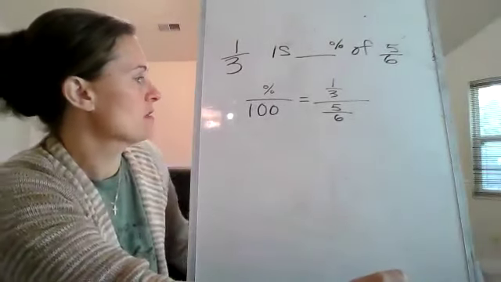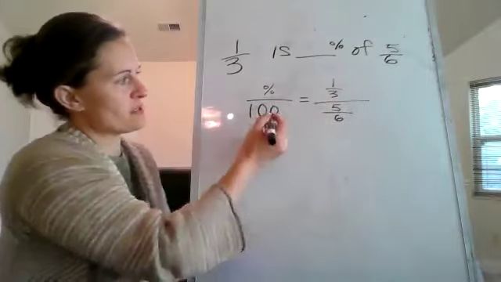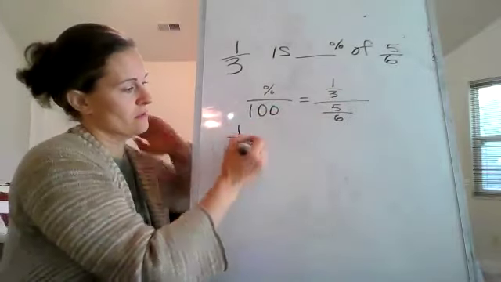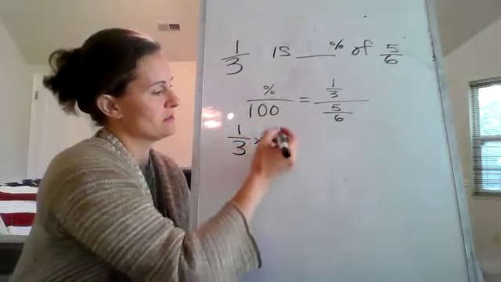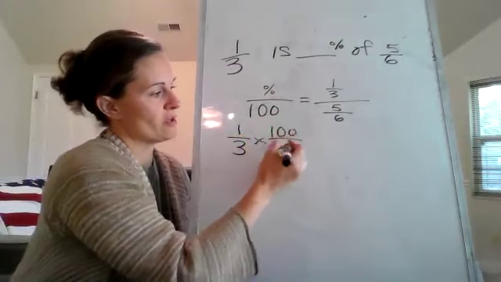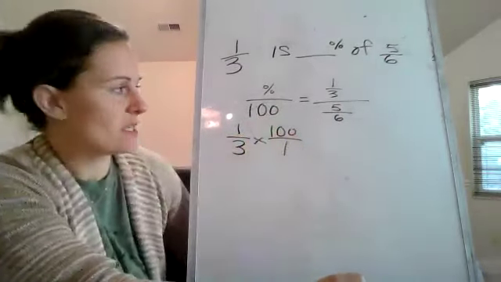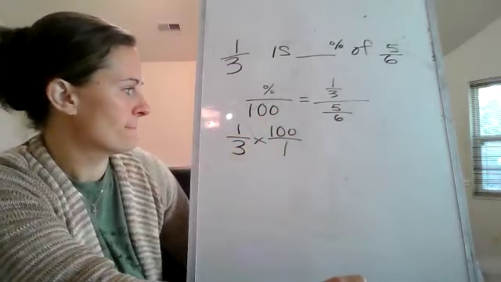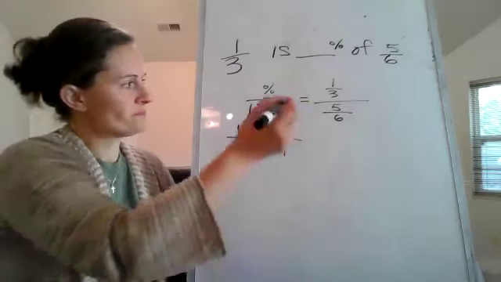Even though it's really weird to have a fraction in a fraction, we can still do all the exact same steps. So we're going to go 1/3 times 100. Make 100 a fraction by putting it over 1. So what's the answer to that? 100/3. Yeah, we'll just leave it improper.